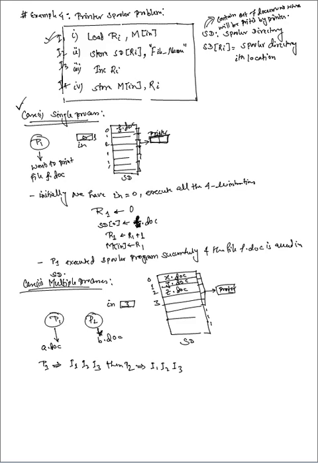So you can see here when I2 is executed, at the third location we will write a.doc.